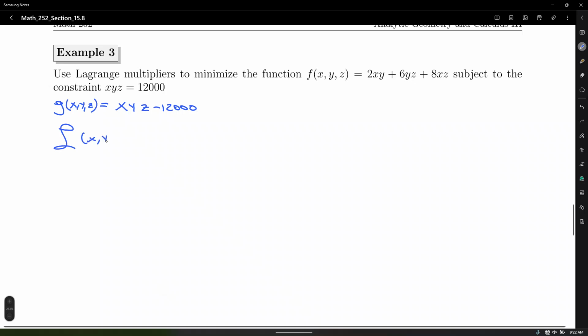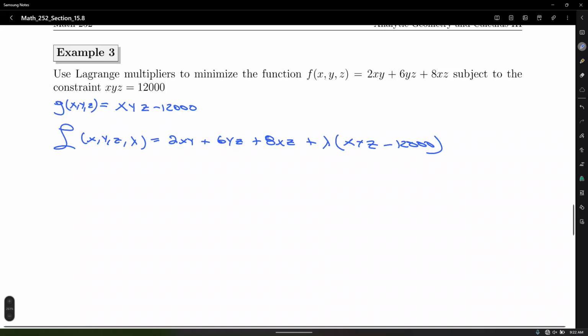L of x, y, z, lambda equals the objective function 2xy plus 6yz plus 8xz plus lambda times the constraint, xyz minus 12,000. Let's do the calculus for the Lagrangian function.